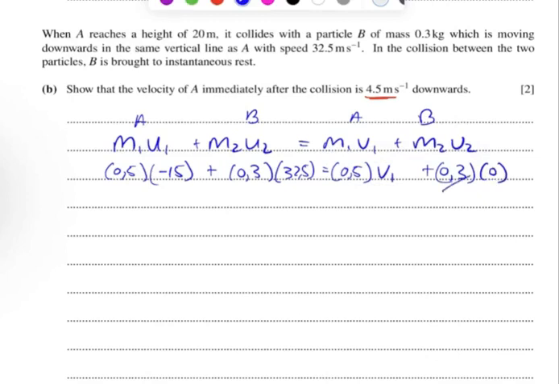So this whole term falls away, and I just need to solve for V. My ups are negative, my downs are positive, so my sign convention should be correct. Doesn't matter which one you do, so long as you stick to your convention. And I get a velocity of 4.5, which is exactly what they wanted me to prove.